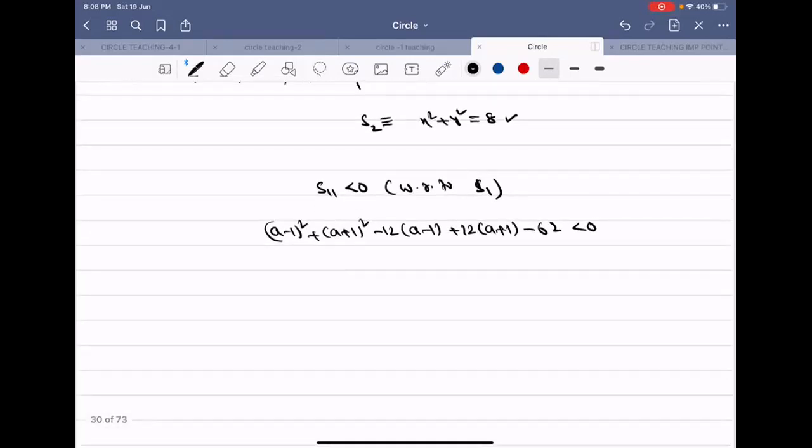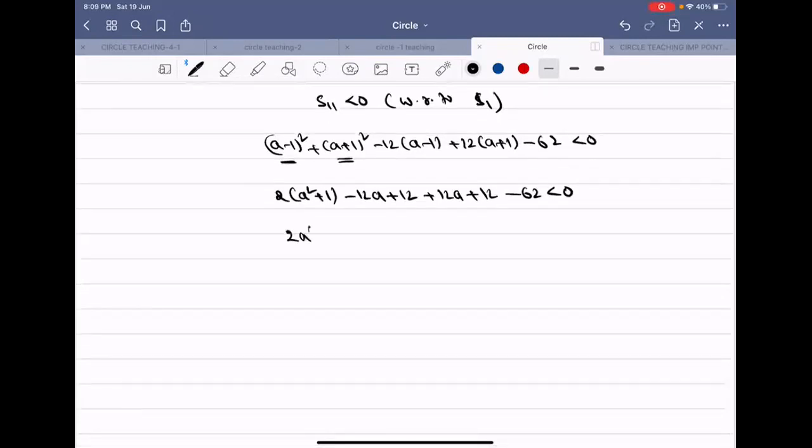First, we will solve this one. This is (a plus b) whole square plus (a minus b) whole square, which is 2 into (a square plus b square), minus 12a plus 12 plus 12a plus 12 minus 62 is less than 0.